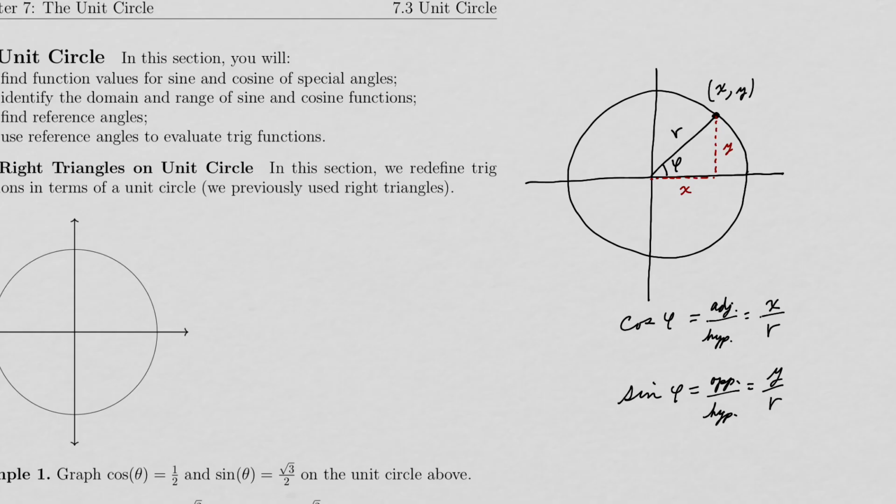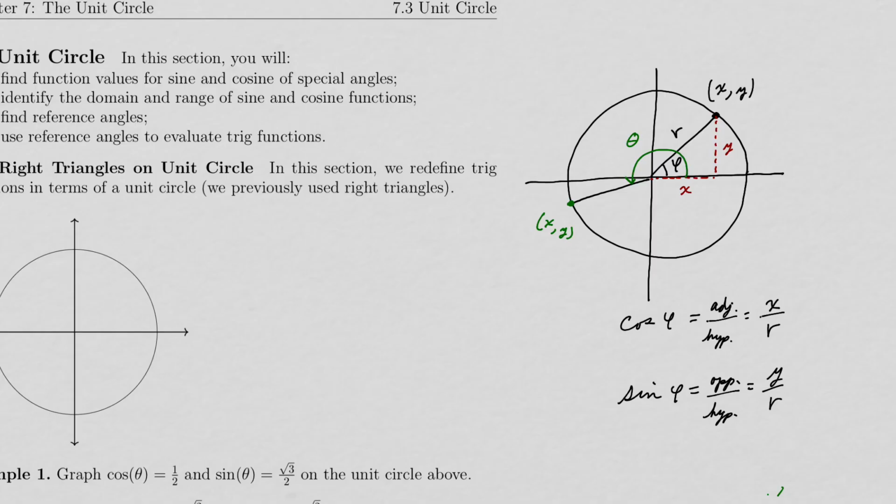So if I have some angle, let me draw a new angle, say here. Now I'm starting at the positive x-axis and measuring counterclockwise. Let me call that theta. And again, these coordinates right here are going to be x and y.